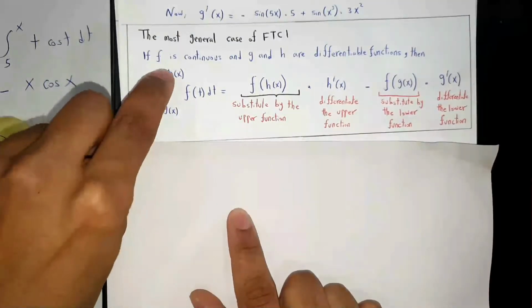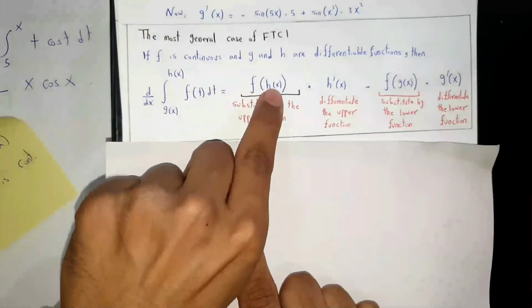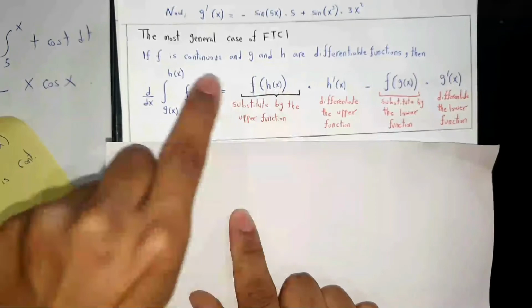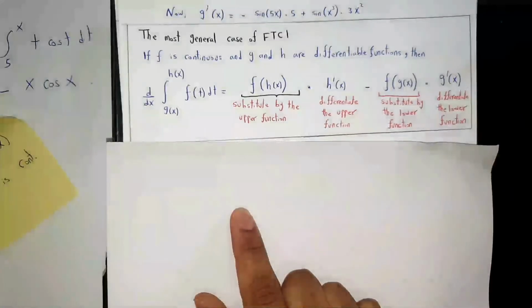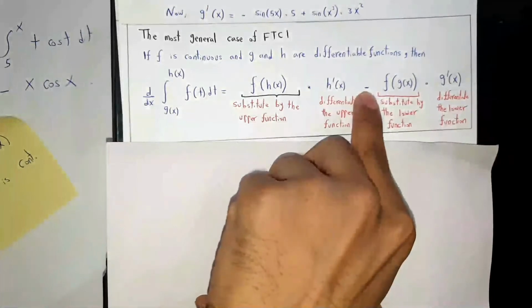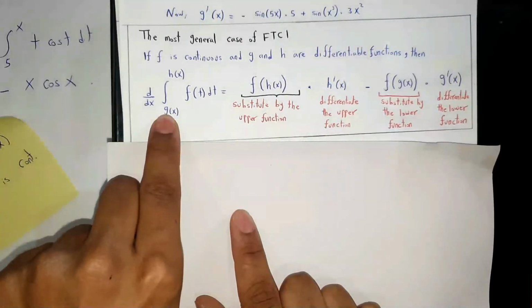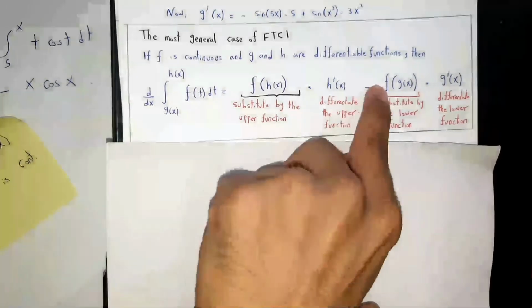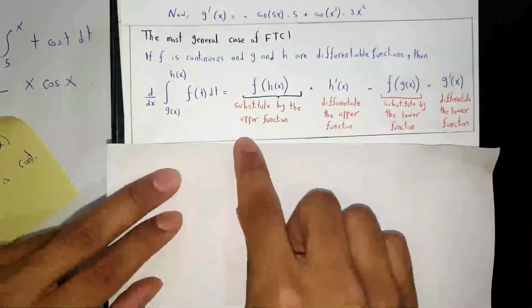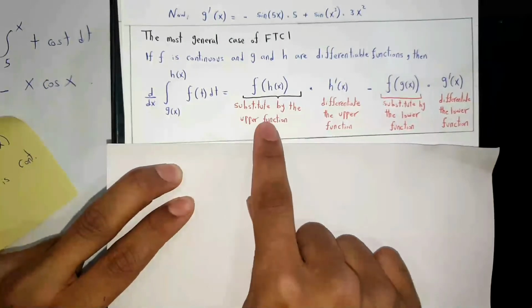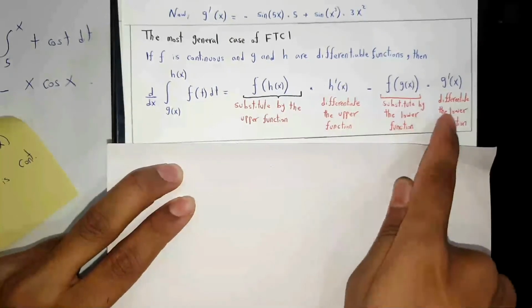First, you put this h of x instead of this t to get f of h of x times you differentiate the upper function to get what? H prime of x. Then you put a minus sign. Same idea, you substitute g of x instead of this t to get f of g of x, and do not forget to multiply by its derivative. I wrote these details here. Substitute by the upper function, differentiate it, minus substitute by the lower function, then differentiate it.